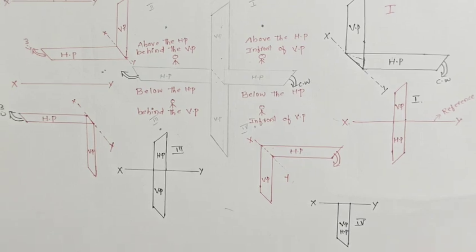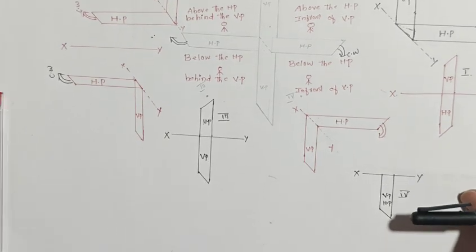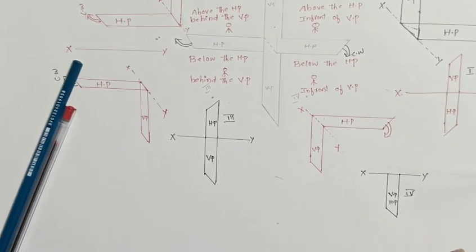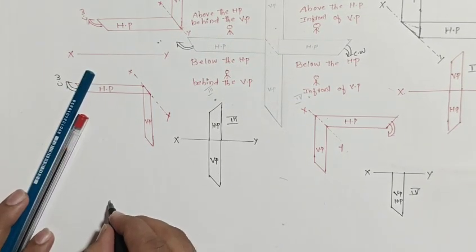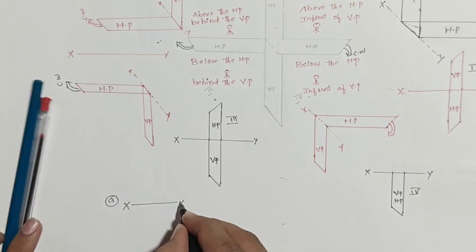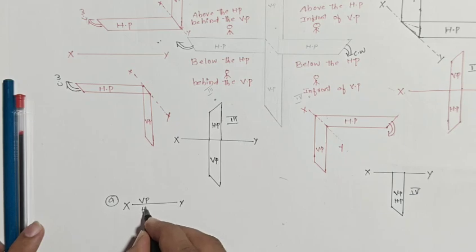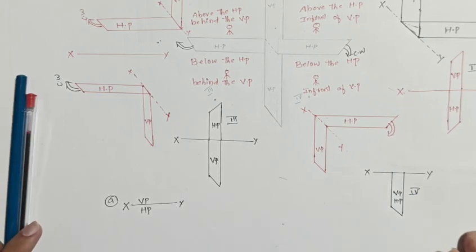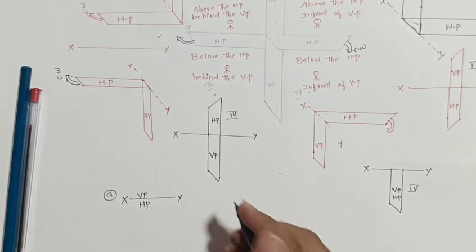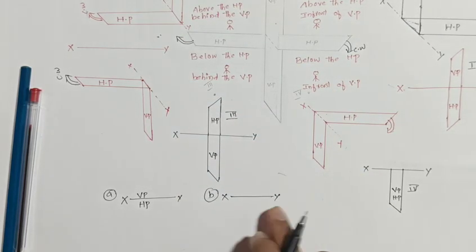So how to remember? I will give one more trick here to remember the quadrant formulas. For the first quadrant, first draw the reference line X and Y. VP should be above the reference line, HP should be below the reference line. In the second quadrant, draw the X and Y reference line first.